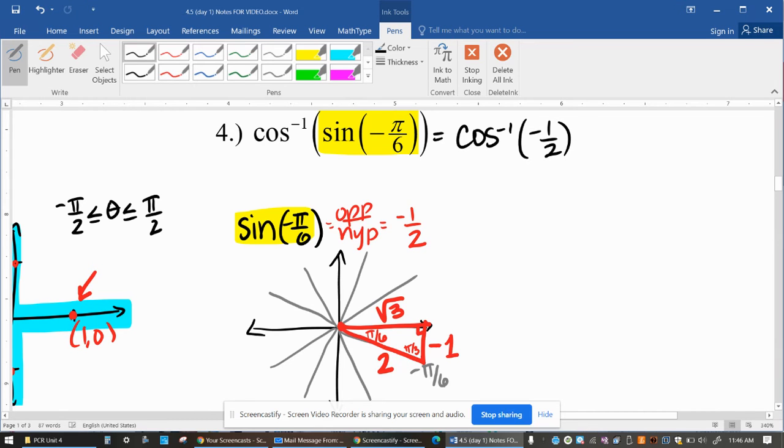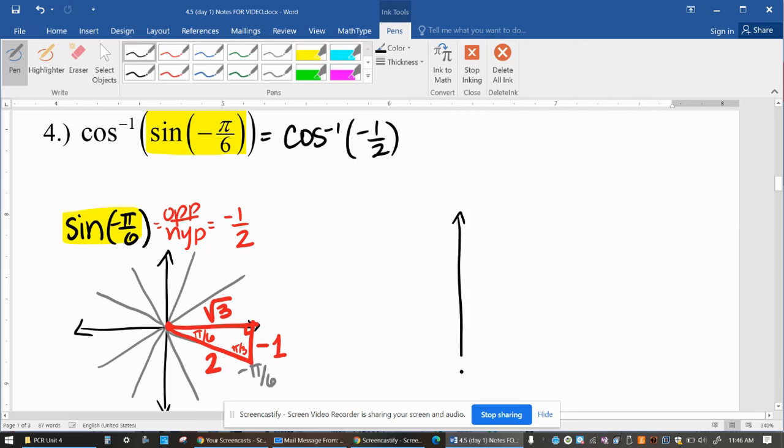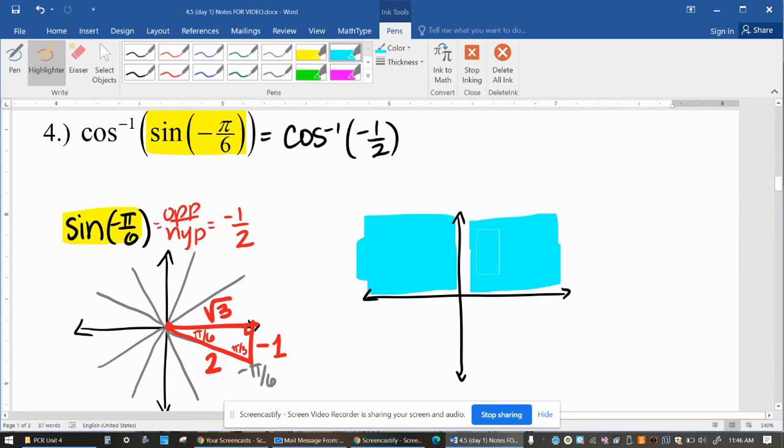Okay. And now we need to find an angle. So cosine inverse has its restrictions in quadrants 1 and 2. But because of the sign of the ratio, which is negative, I'm leaning towards quadrant 2, right? But feel free to draw both.